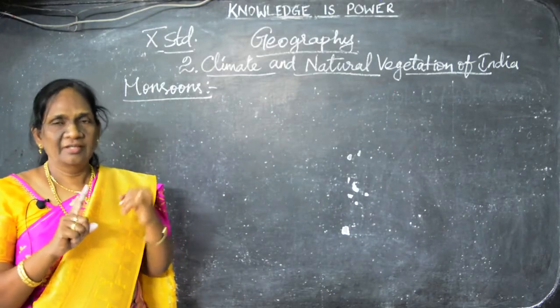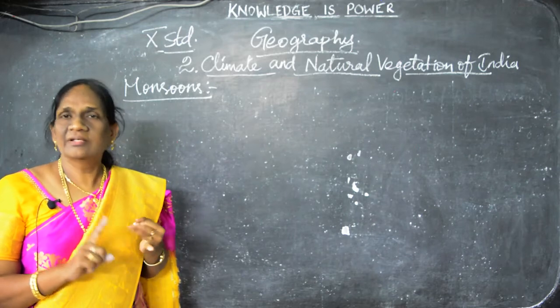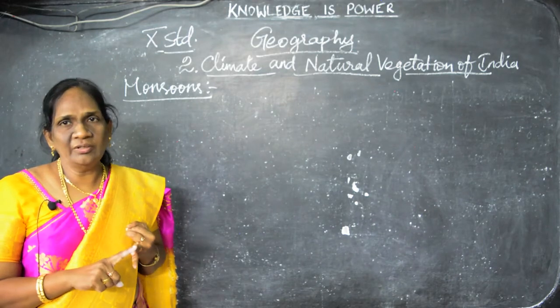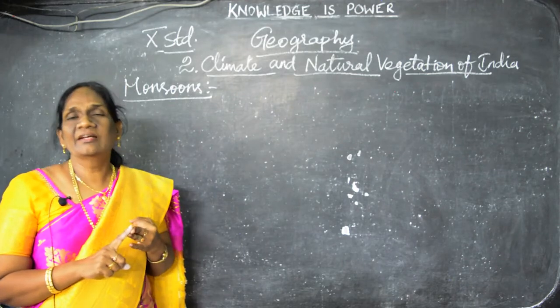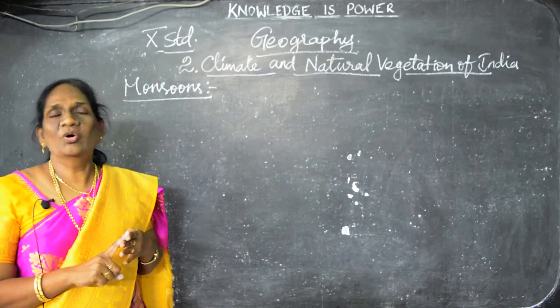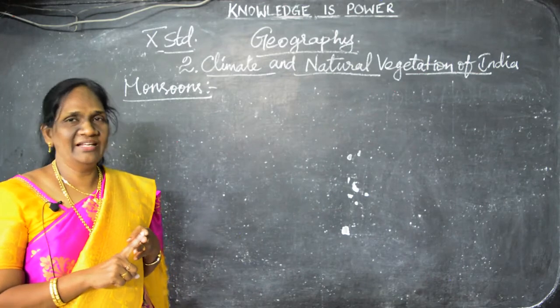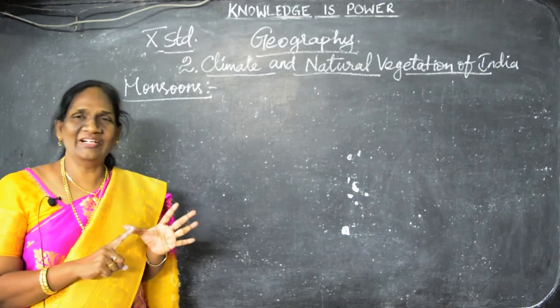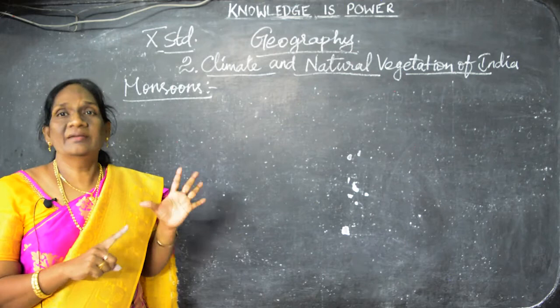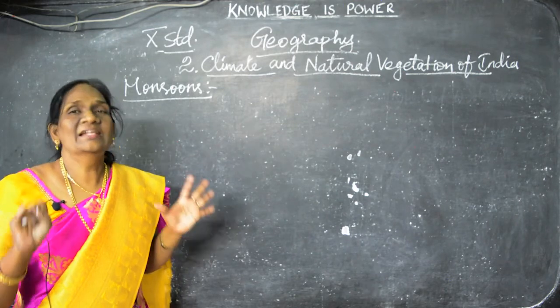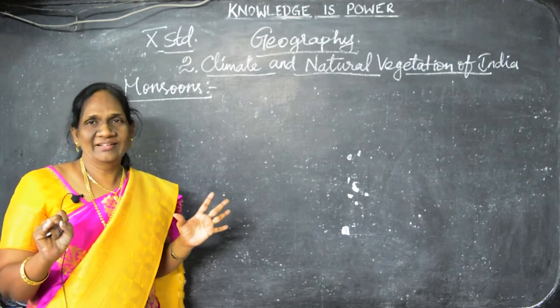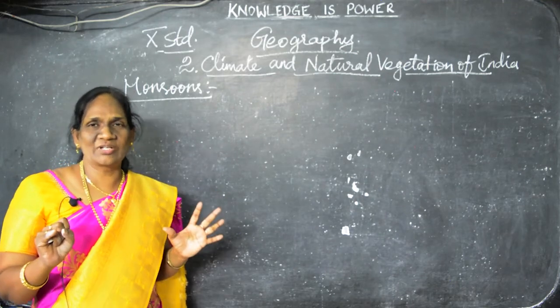First one, very good, latitude. Second one, altitude. Then third one, distance from sea. Very good, children. Then fourth one, monsoon winds. Very good. Do you all remember? Good, children. Fifth one, relief. And the sixth one, what's that? Jet stream. Very good. You are all very intelligent students here.